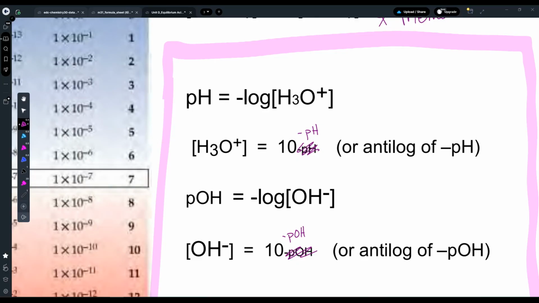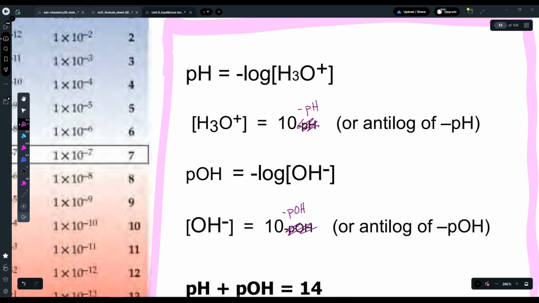So that's very important. And another note about the formula to find pOH, again, the most common mistake is to forget the negative in front of the log. With our formulas for finding concentration of hydronium or hydroxide ions, similarly, the most common mistake is to forget the negative in the exponent.